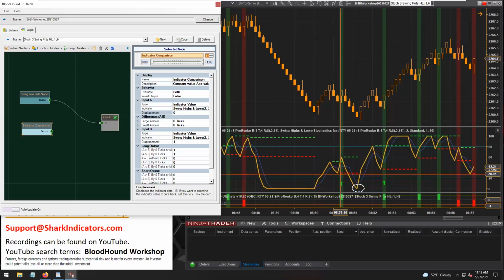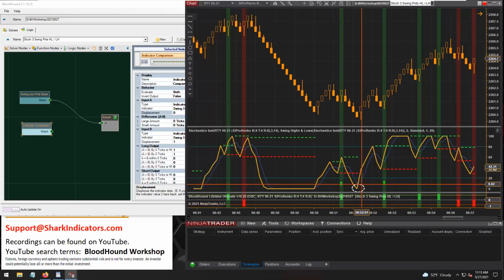And then when a swing low does appear, it picks that up as a movement higher in the swing low plots. So I guess that must be what's happening.